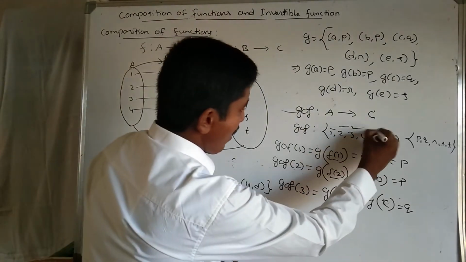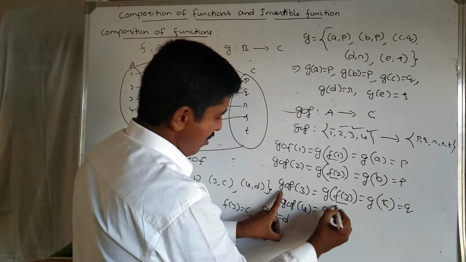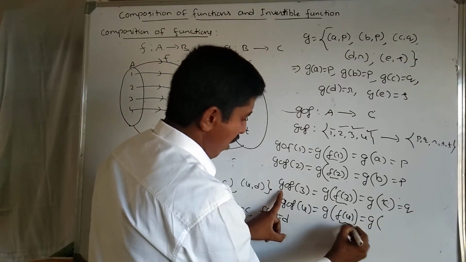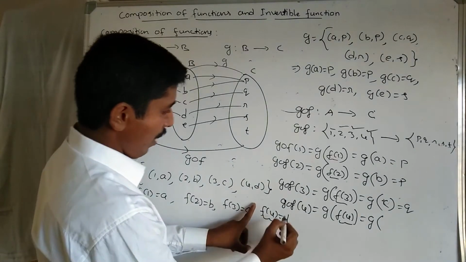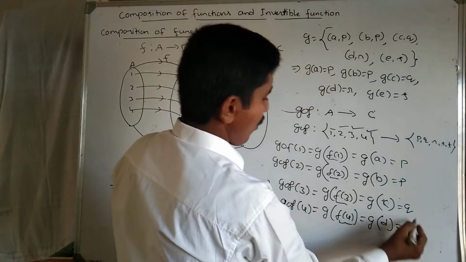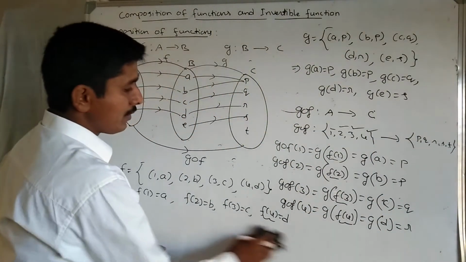Next, domain element 4. GOF of 4 is defined as G of F of 4. Substitute the F of 4 value D: G of D equals R. Mind it.